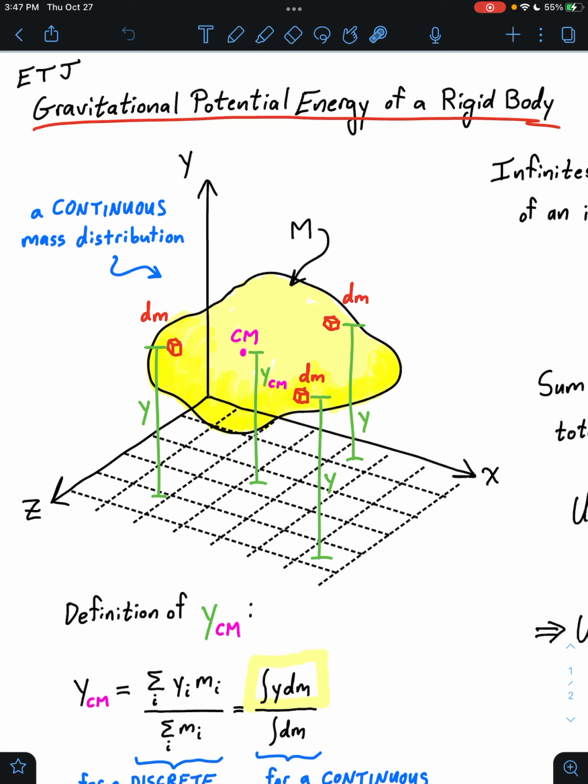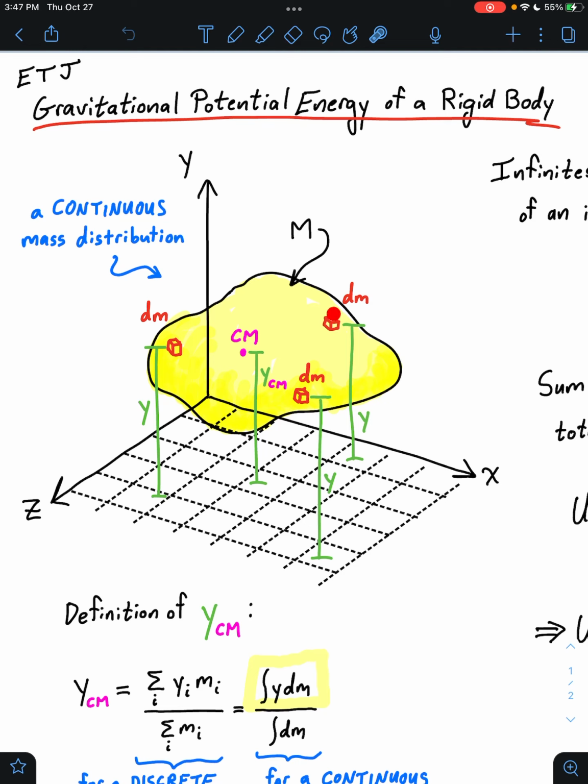Well, the idea will be to represent this mass as a collection of an infinite number of infinitesimally small bits of mass. These little red cubes here are imagined to be like tiny bits of the body, infinitely small little volumes, each with a tiny mass dm.